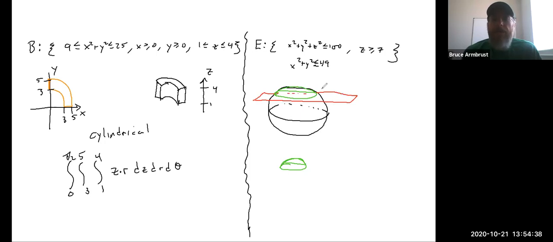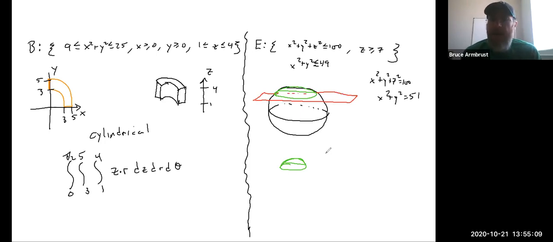All right, well, here's what I want to do. I want to figure out this circle right here, the green circle, so the one that forms the bottom of this. If I let z equal 7, that's going to give me x squared plus y squared plus 7 squared equals 100. So x squared plus y squared equals 51. Okay, we're good enough. Never mind.